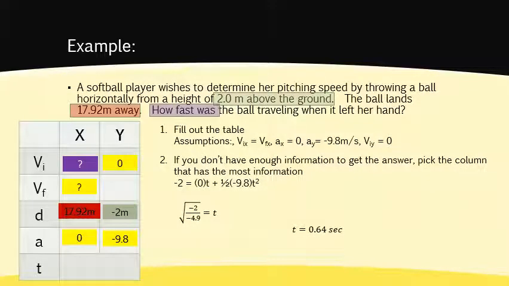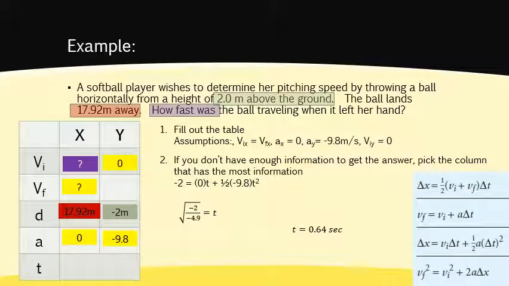So if you don't have enough information to get the answer that what we're looking for, vi or vf in the x direction, pick the column that has the most information. Now this is based on the 4 equations that we use for constant acceleration. And if I try to use this equation, the one I would use would be the one without t, which is down here.